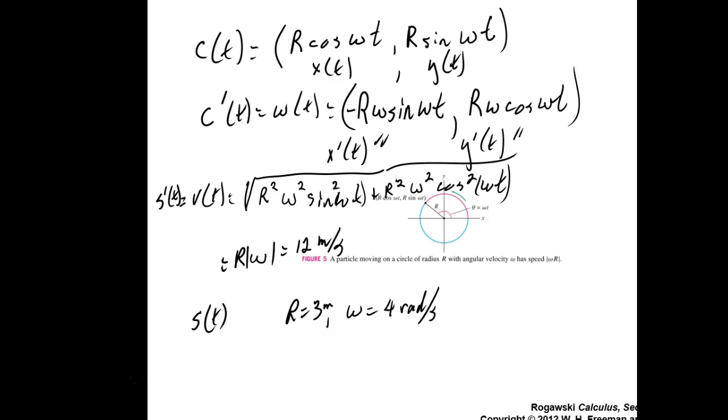Now, consider the surface obtained by rotating a parametric curve. This is a new subject here. The curve is c equal to x of t, y of t. It doesn't have to be a circle, but some curve, x of t, y of t, about the x-axis, say.